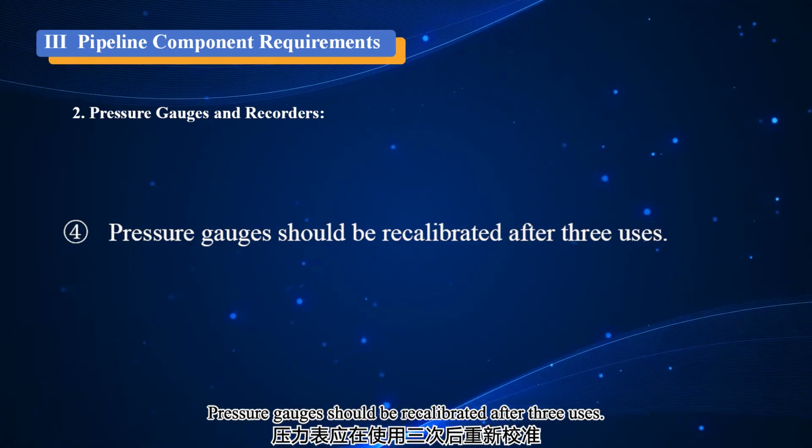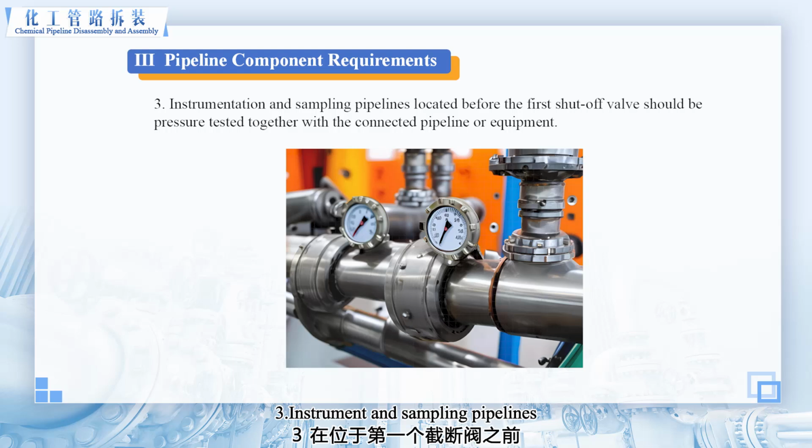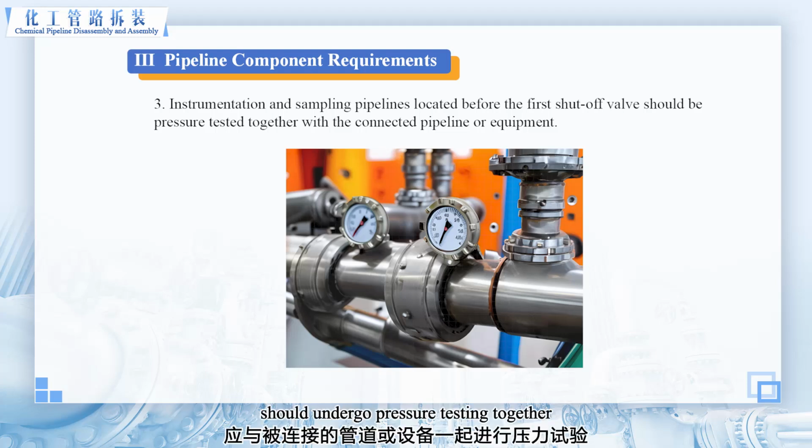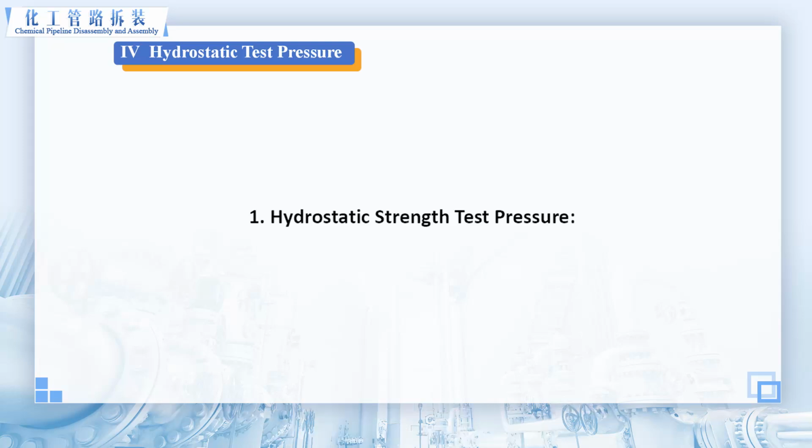Pressure gauges should be recalibrated after 3 uses. Third, instrument and sampling pipelines, located before the first shut-off valve, should undergo pressure testing together with the connected pipeline or equipment. There are also relevant requirements for hydrostatic test pressure.